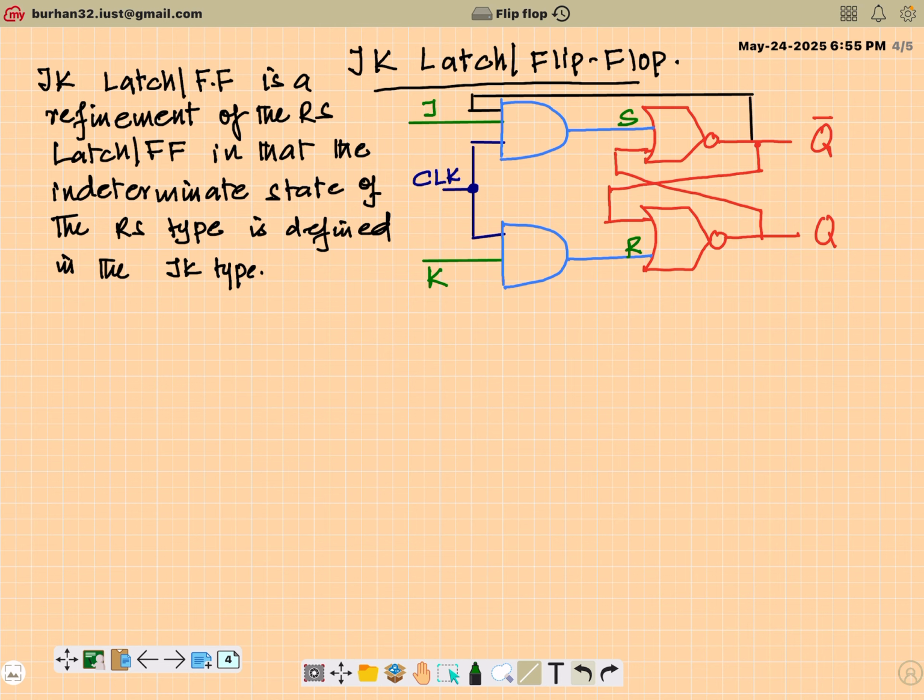Q bar is fed back to the AND gate that feeds the S input, and Q is fed back to the AND gate that feeds the R input. Now this is the schema of a JK latch.